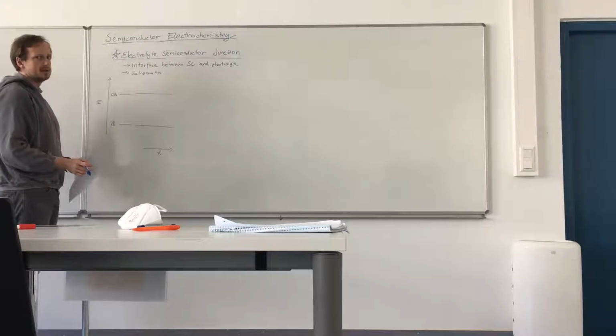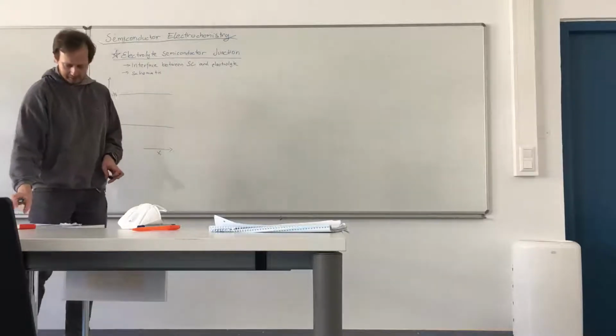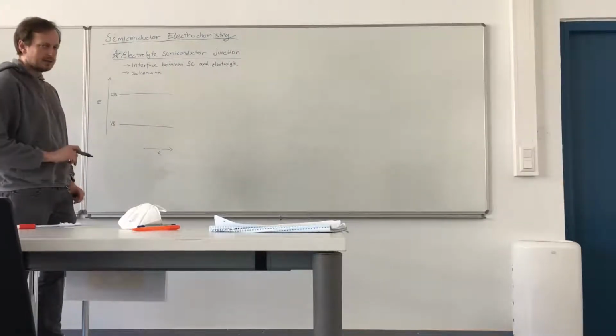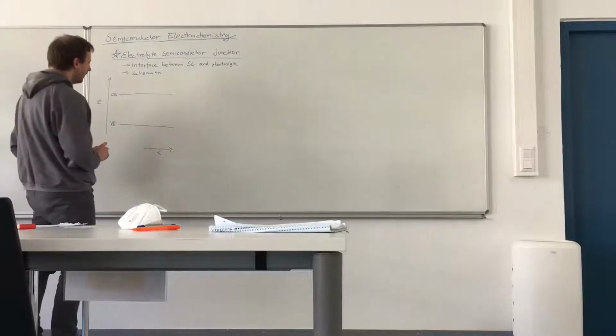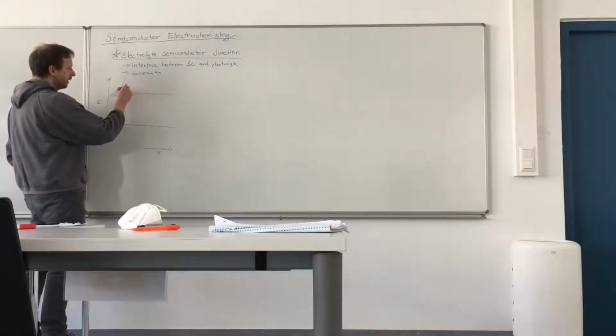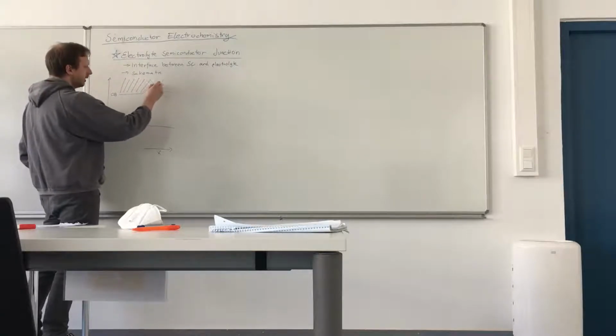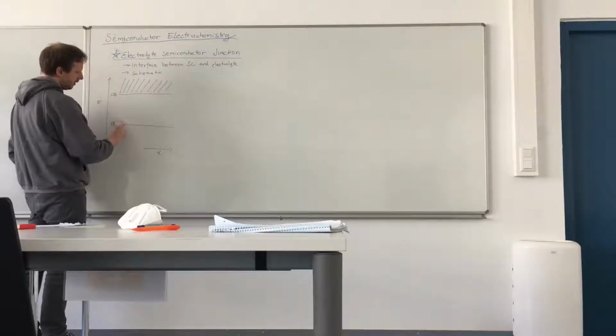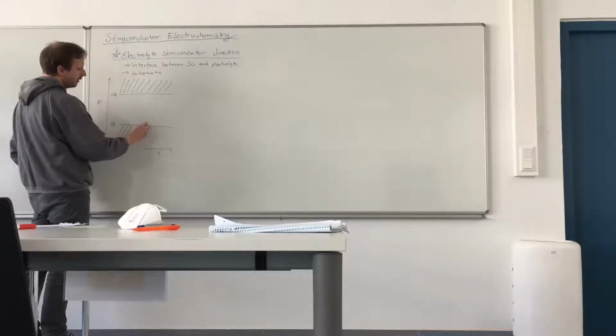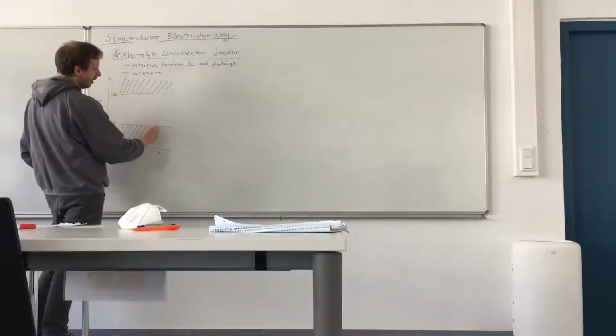They are still discrete states, but the gaps between those states are very tiny, so therefore I draw it like this, but always remember it's not a continuum. There are many electronic states allowed to be occupied by an electron, but they are still discrete.